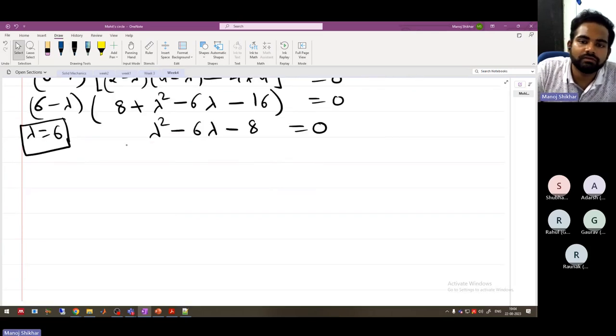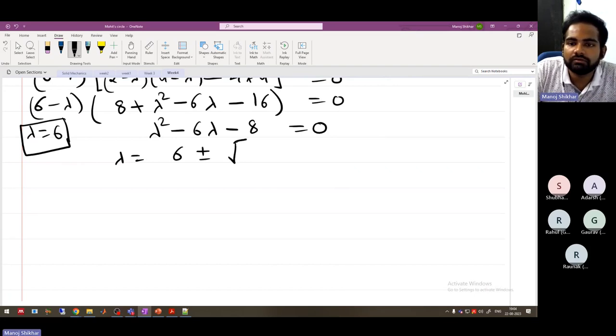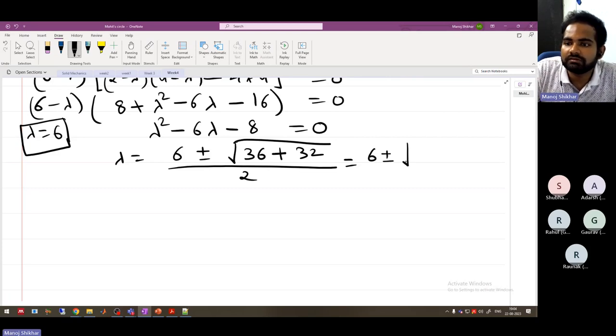So if you solve this, you will be getting lambda equal to 6 plus minus square root of 36 plus 32, divided by 2. This is 6 plus minus... This is 3 plus minus root 17.